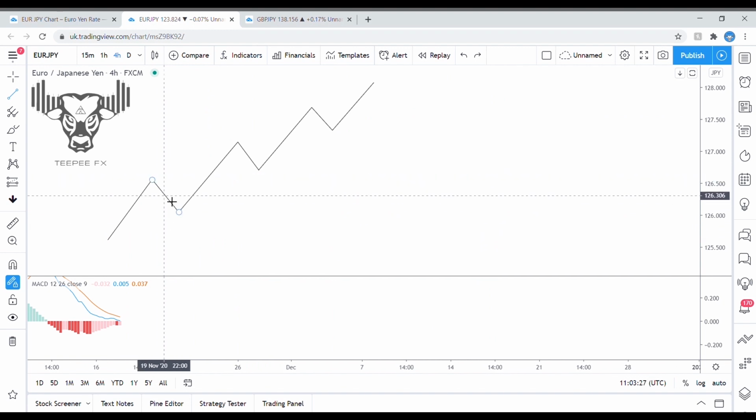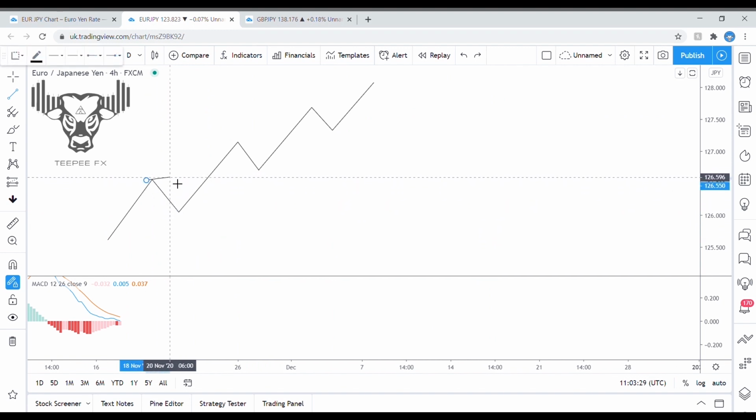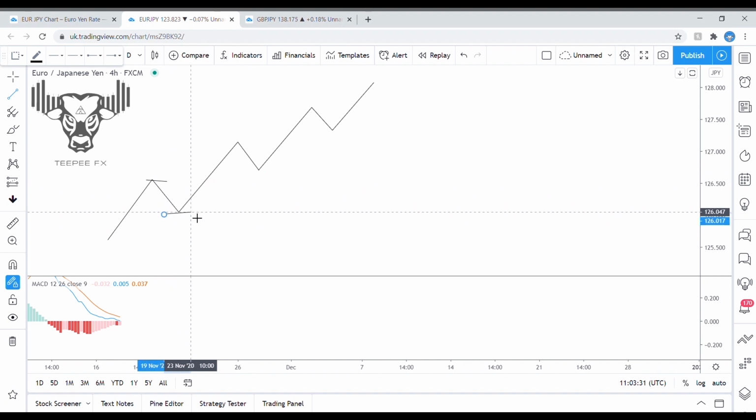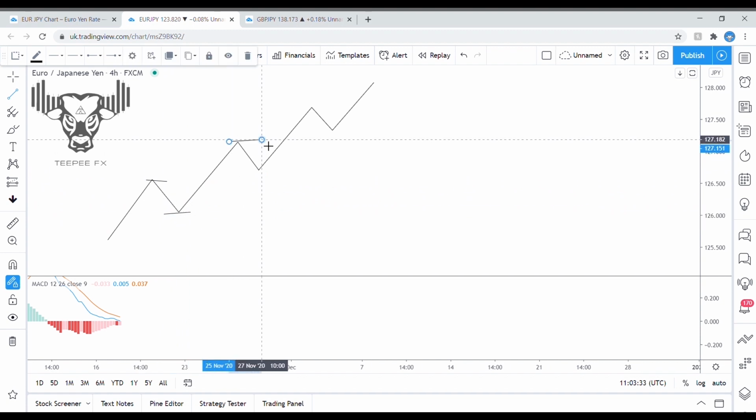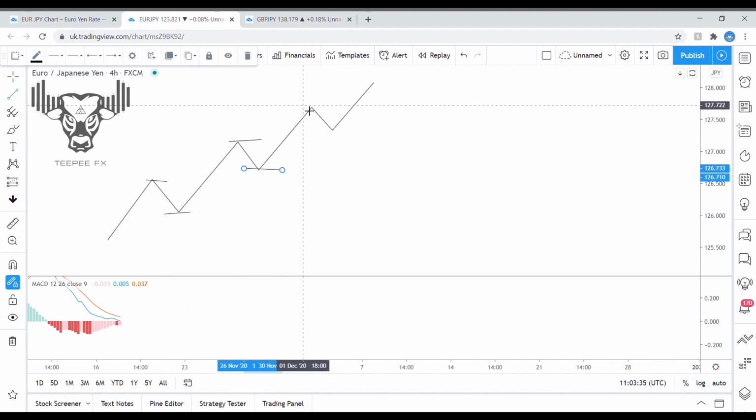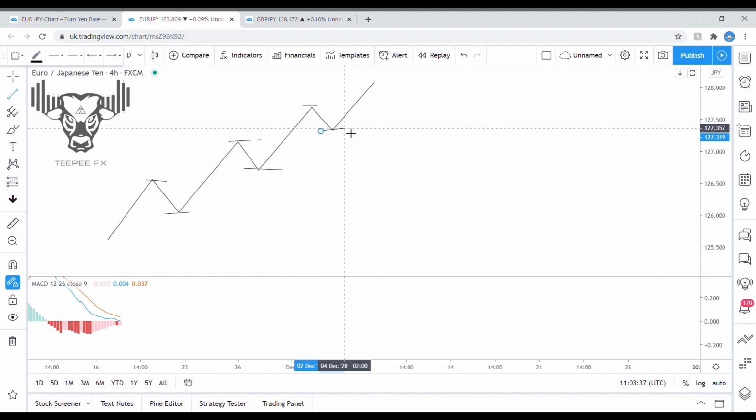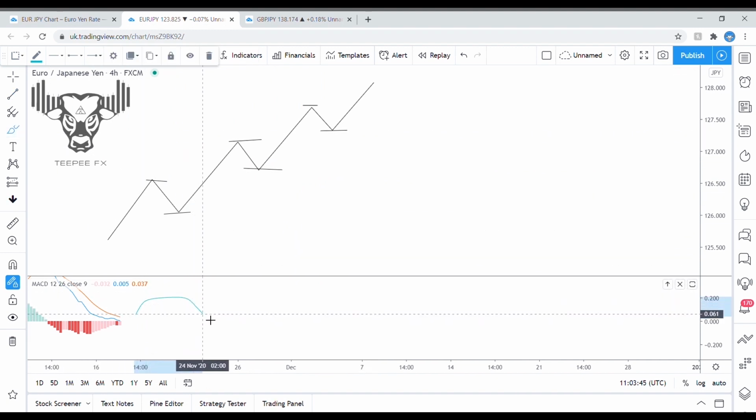So divergence is looking at these swing highs and swing lows in a particular direction. And if we were going to be seeing divergence on a move like this, what we would expect to see is that we might start with a big chunk for this high.